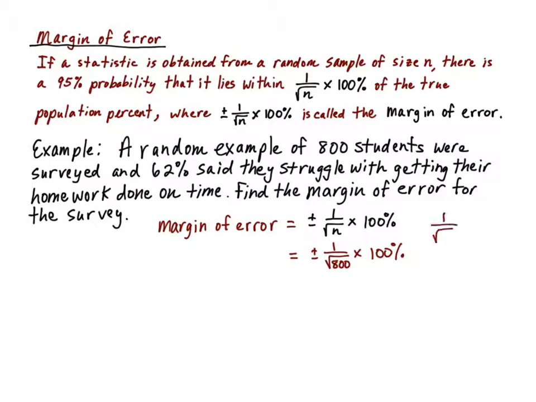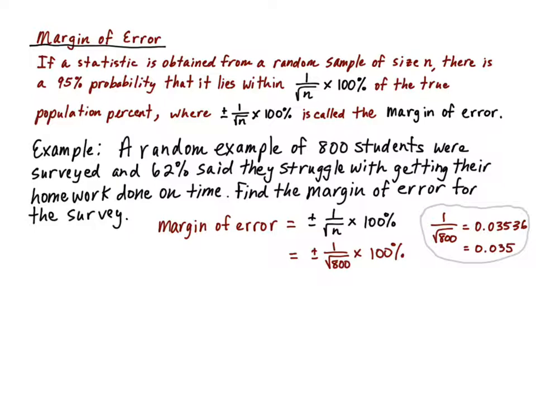So I'm going to go ahead and do this off to the side. If you put this into a calculator, 1 over the square root of 800 is about 0.03536. Now, I believe most times you're just going to round to about 3 decimal places, maybe 4. So we're going to go ahead and round to 3 decimal places here, and we get 0.035.